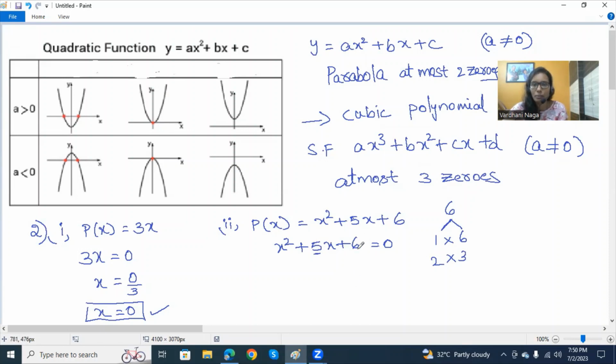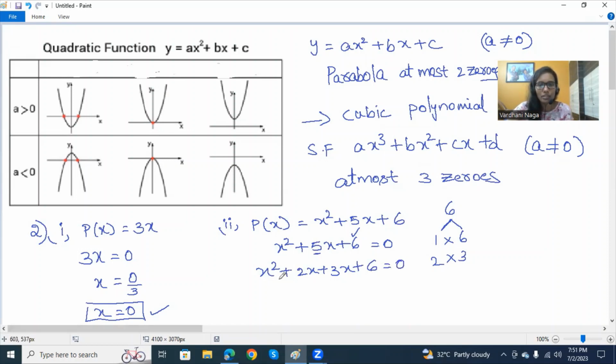So when you are multiplying the two factors, you should get the constant term for the monic quadratic equation. When you are adding or subtracting, you need to get the middle term. For that, these two factors are satisfying. So let's write x square, instead of 5x, 2x plus 3x, plus 6 equal to 0.